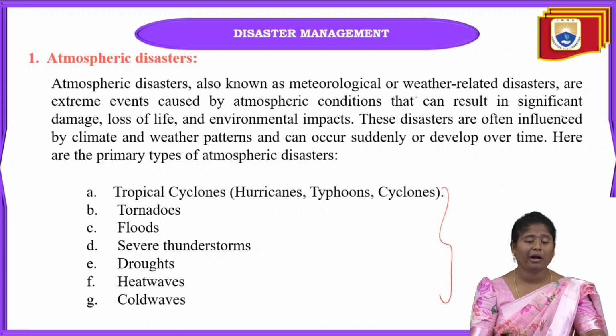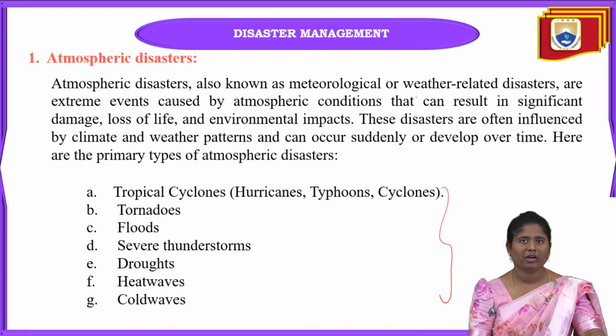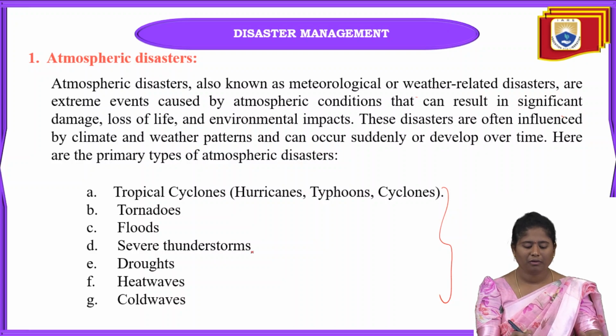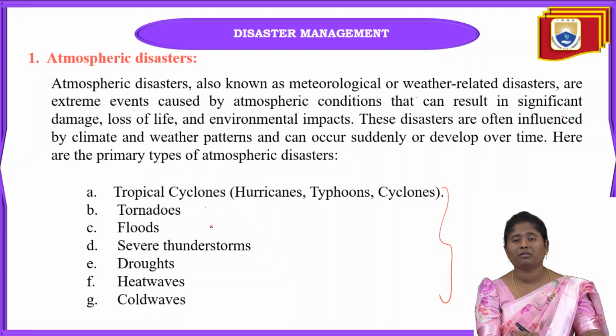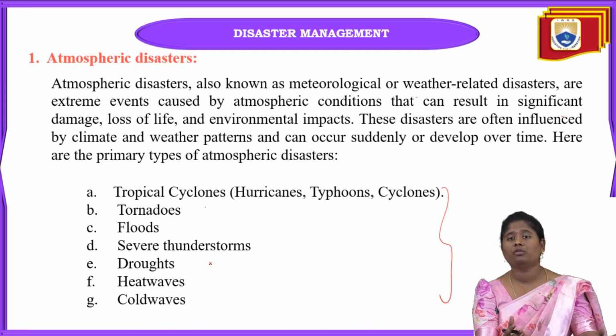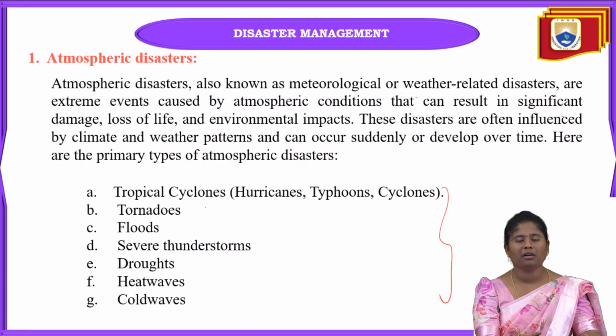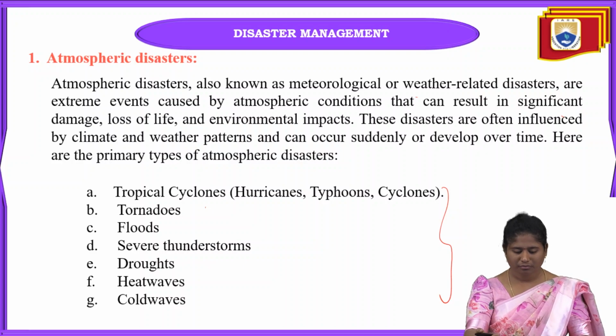These are the atmospheric disasters we are going to face in this module. First one is tropical cyclones, then tornadoes, floods, thunderstorms, cold waves, droughts, and heat waves. These are all the types of atmospheric disasters.